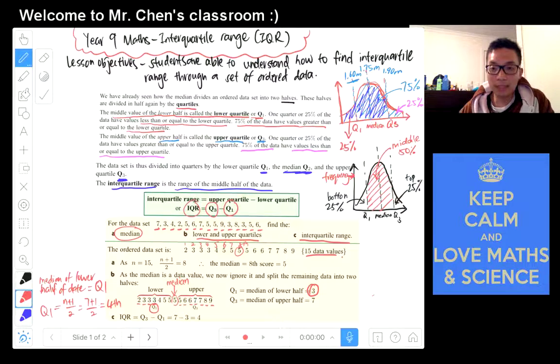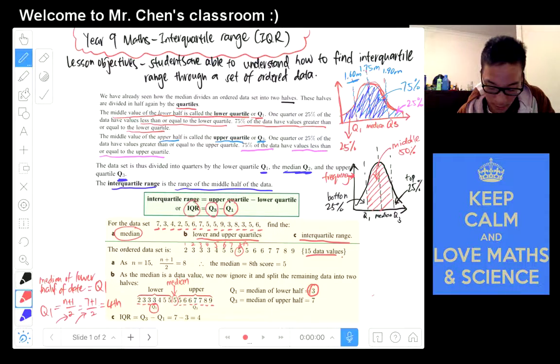For Q3 you do the same thing because there are 7 samples. You use the same one. Look at this. 7 plus 1 divided by 2 is 8, 8 divided by 2 is 4. So the fourth again is the fourth data starting from after the median.